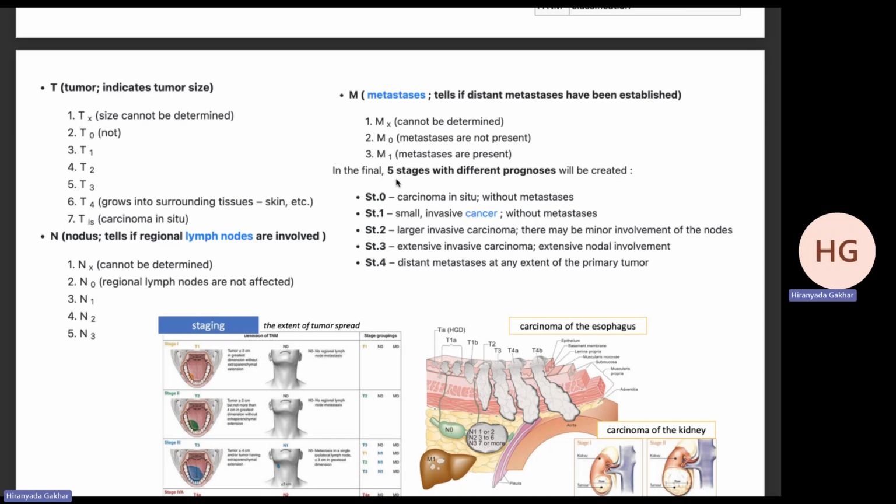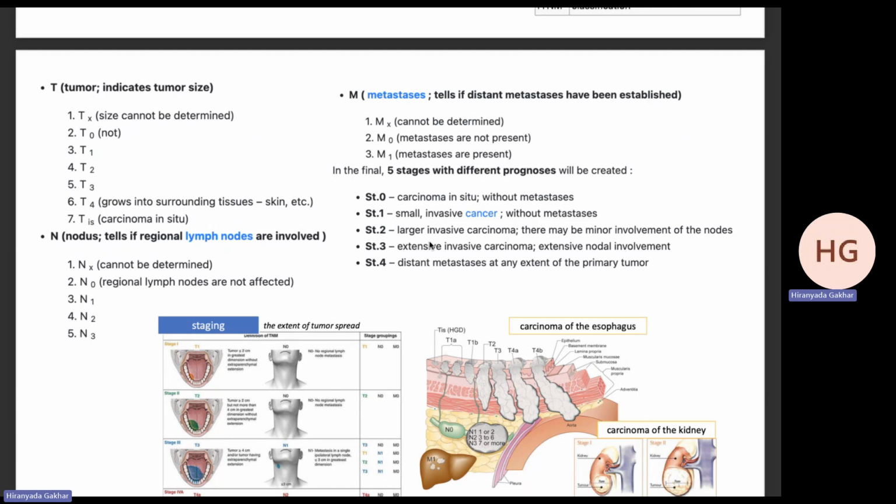And finally, when we have performed the TNM classification, we put the tumors into different stages as we discussed for the renal cell carcinoma. So stage 0 is carcinoma in situ without metastasis. Stage 1 is usually small invasive cancer.